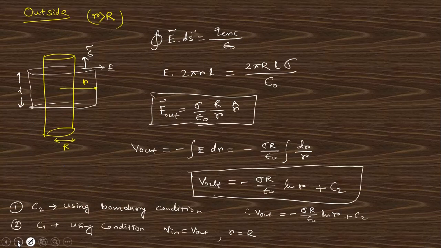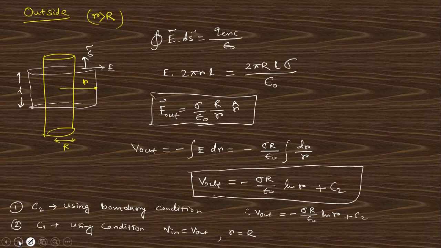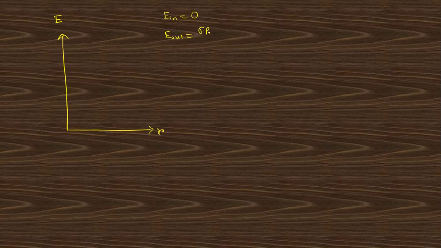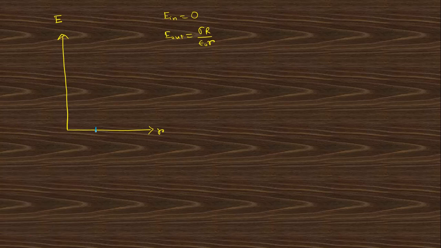I think that is clear. Now if you want to draw the curve for the electric field with respect to r, E in was 0 and E out was sigma R by epsilon naught r. So up to capital R, that means inside, this will be 0.